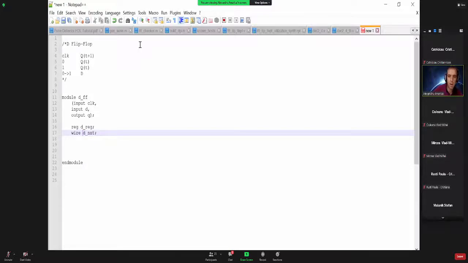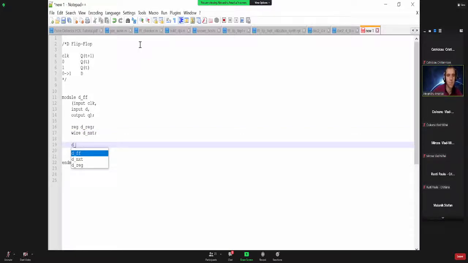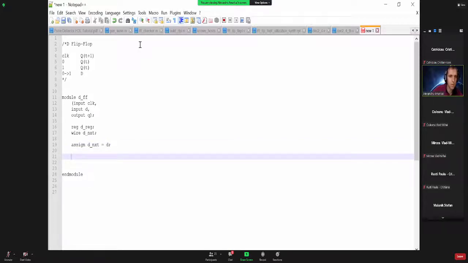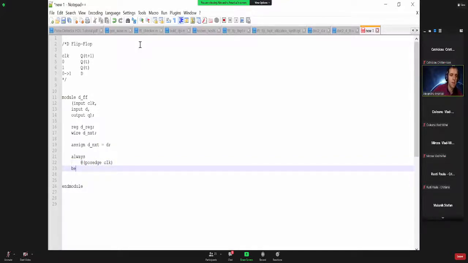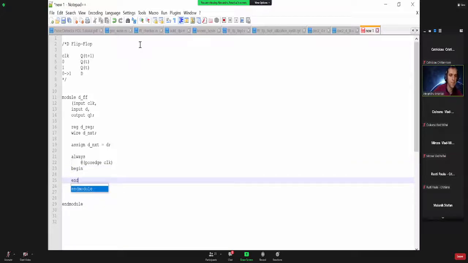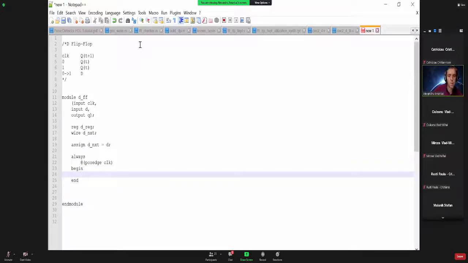Okay, so I have this declaration of two signals. And this is the always block, which describes the sequential logic. And this is the reg.